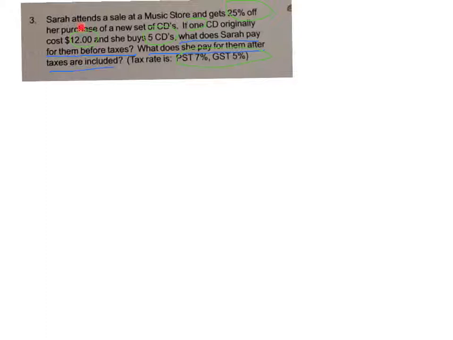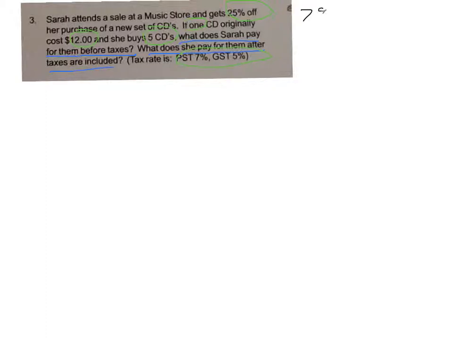There's some of you who figured out that she got 12 and she bought 5 of them. She got $60. You gave it the tax rate and you forgot to take the 25% off. So this question has a number of different things in it, so you need to make sure that we include all of them. So let's get going and have a look.